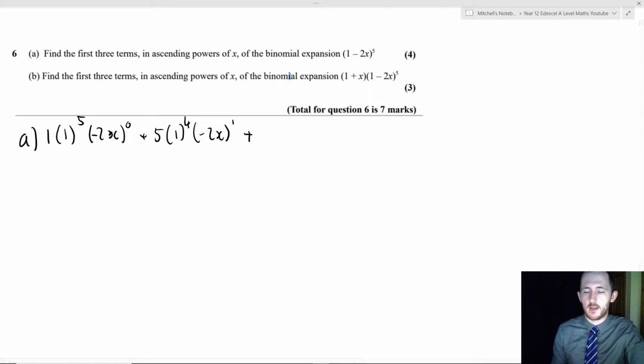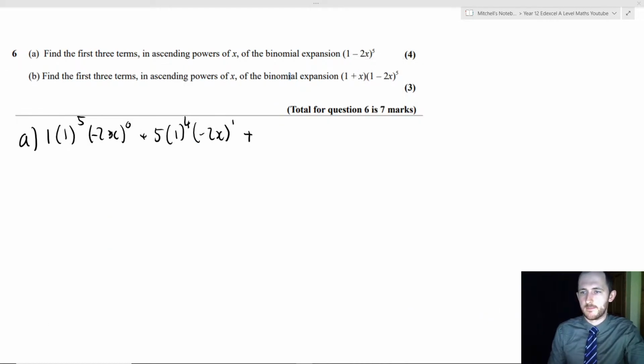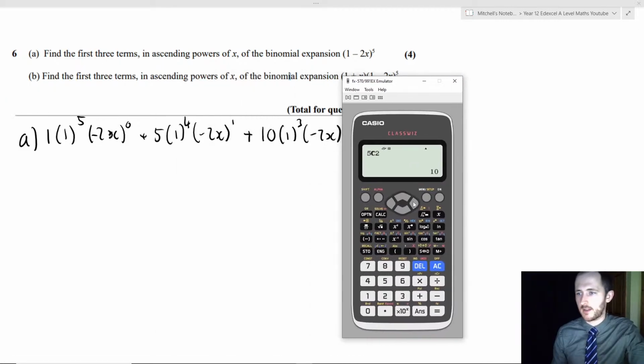And it's the first 3 terms, so we're going up to x squared. That's 10. 1 to the power of 3 minus 2x to the power 2. Cool. Now all we need to do is actually sub in this stuff into our calculator.